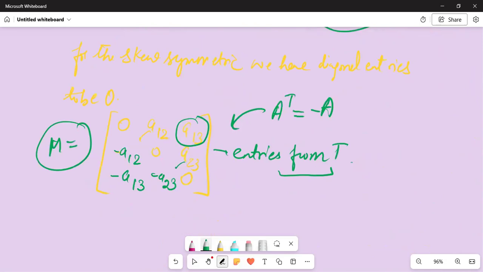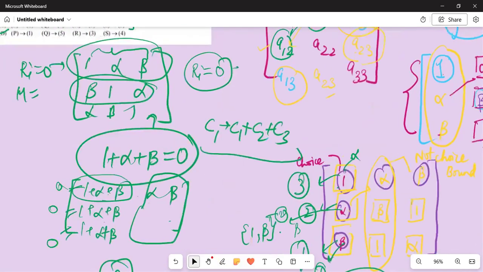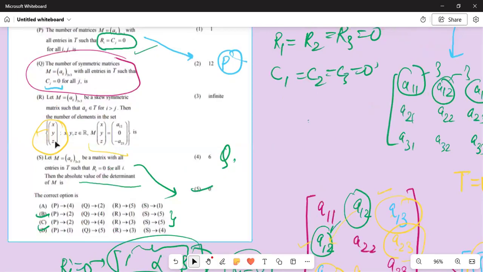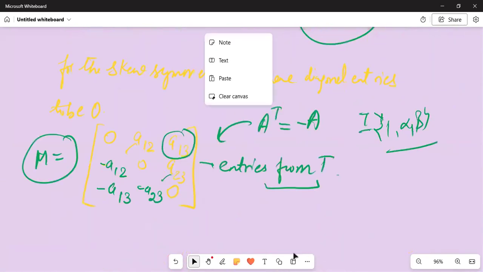The entries are from 1, alpha, beta. And the XYZ should be like M multiplied with this XYZ should give A12, 0, minus A23. So what is it actually giving to us?